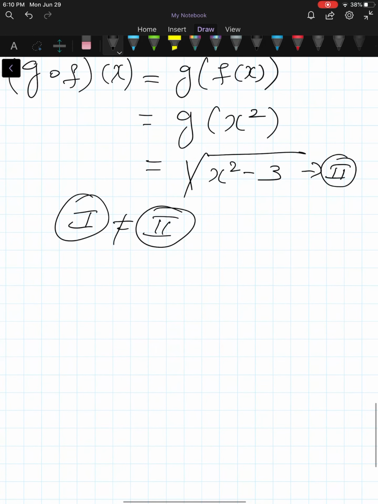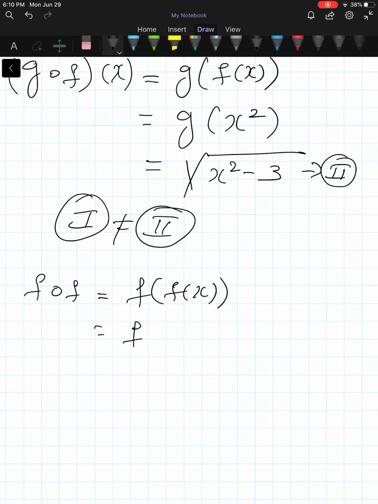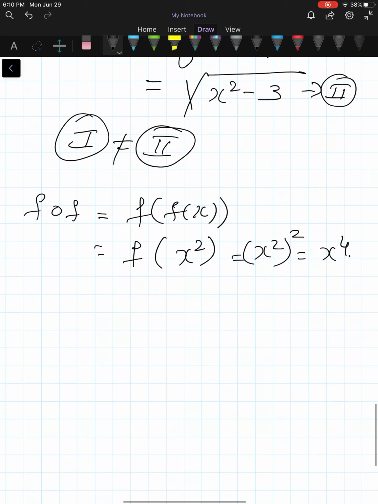Okay. Then we are also asked to calculate f composed f. F composed f is nothing but f of f of x. So that would be f of x square, squaring the x square. So that would be x square whole square, which is nothing but x to the power of 4.